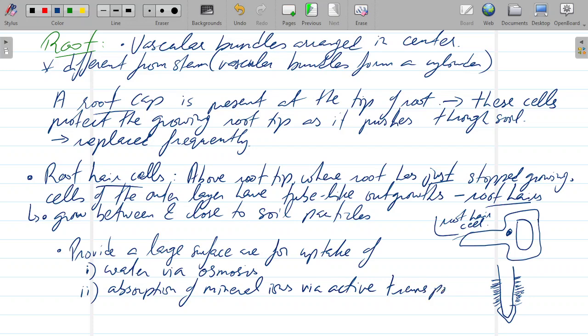So just keep that in mind. It's not simple diffusion, it's active transport. So even if the concentration of the mineral ions is lower in the soil as compared to the plant, active transport is employed and they're still absorbed. If you come across a question, whether in your paper 1 MCQ or paper 2, and they ask how the absorption is happening, it's happening via active transport.